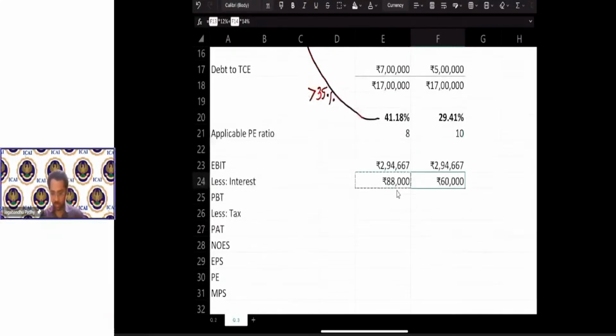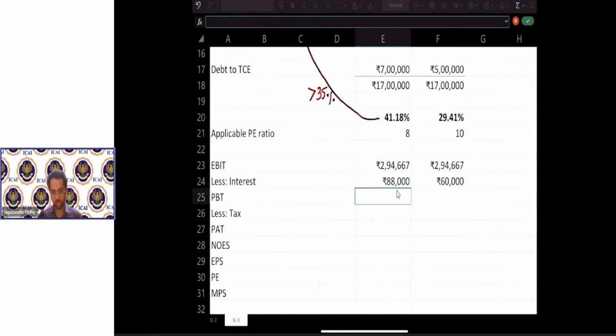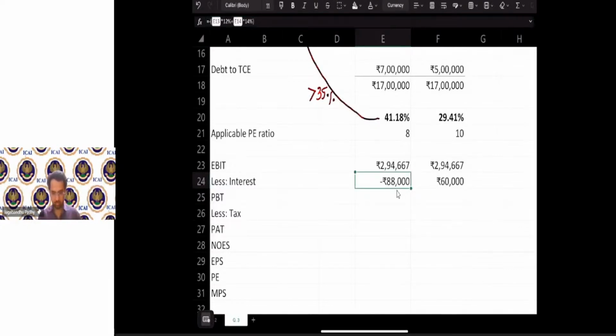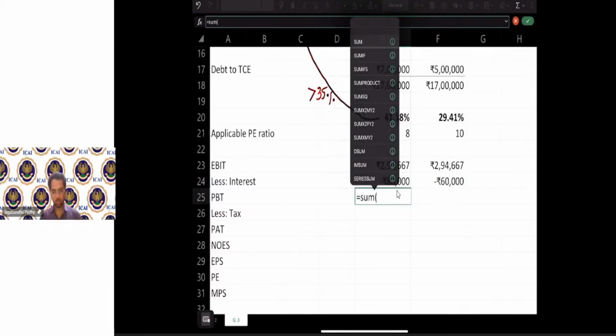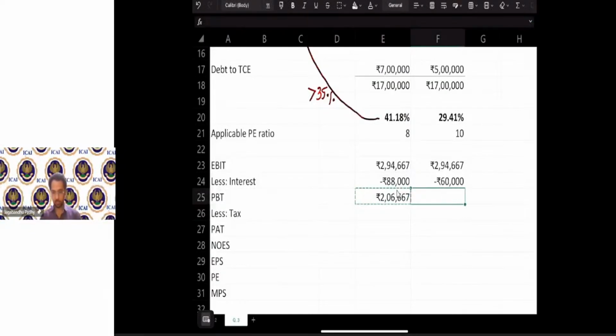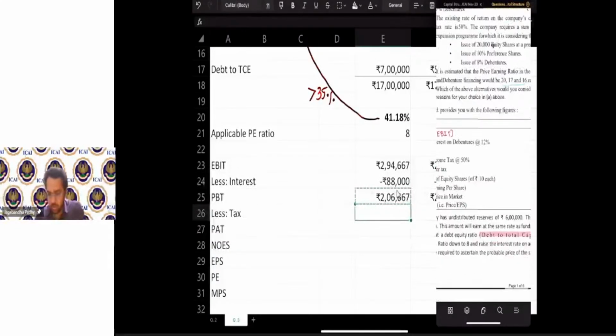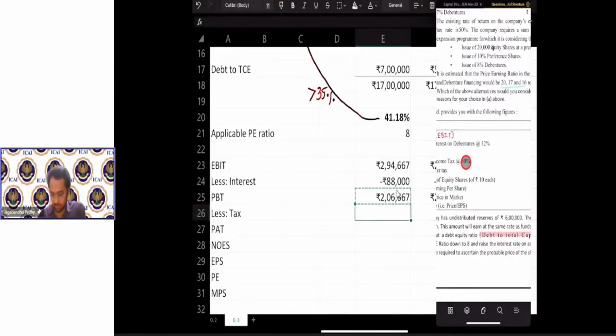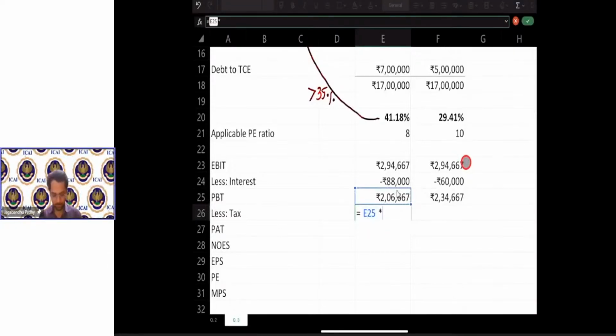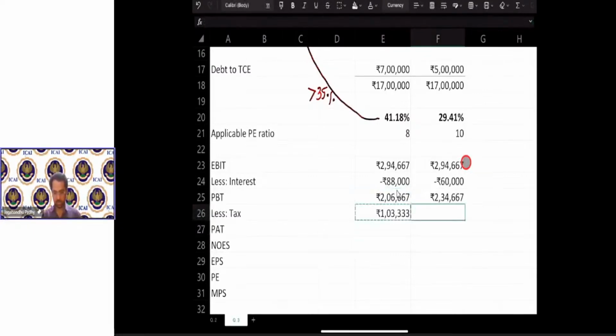Now for PBT, it's going to be the EBIT minus the interest. So we have the PBT as these two figures, less taxation. Now, what's the tax rate applicable in the question? The tax rate is given as 50%, right? So let's just apply the 50% tax rate to both, and we get a PAT.